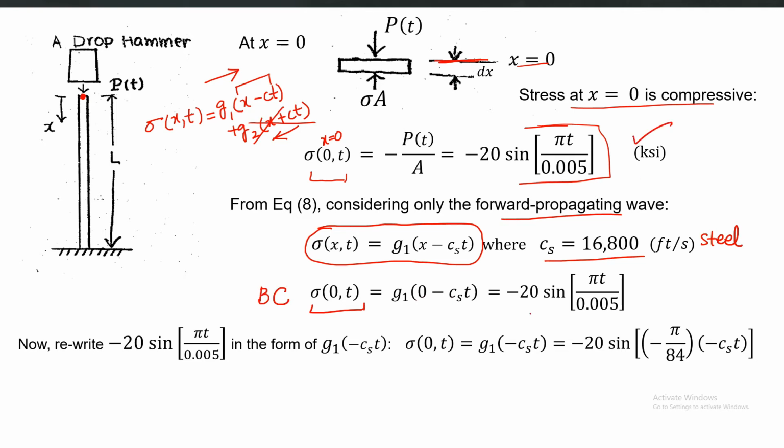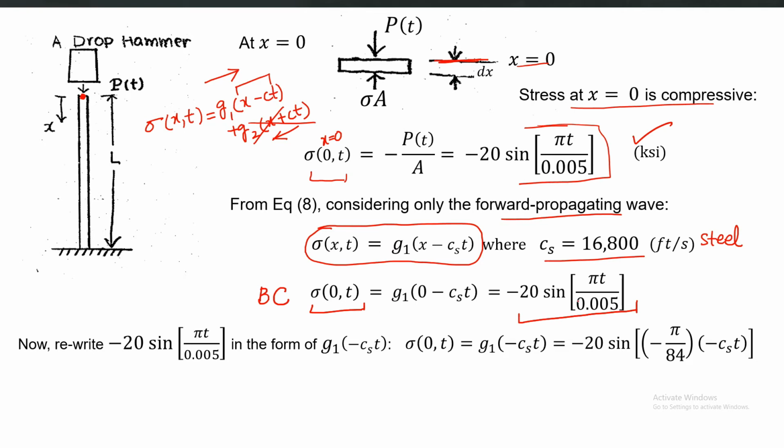So we already know the g1 function, and that is also a sinusoidal function. This is the way we calculate the g1 function or any other function: we use boundary conditions, and boundary conditions just include that original function of applied force which is given, and that applied function was sinusoidal. So we now know that g1 is also sinusoidal.